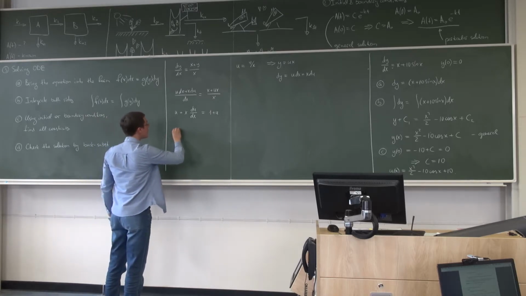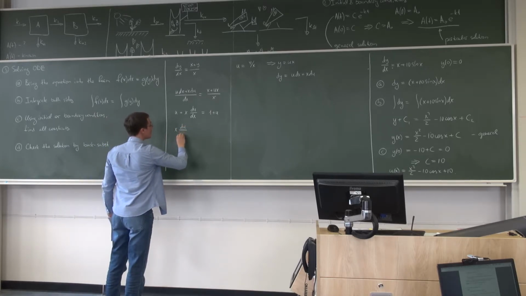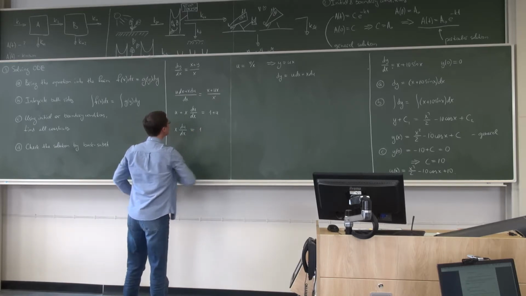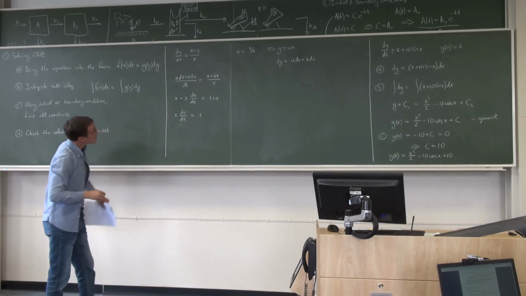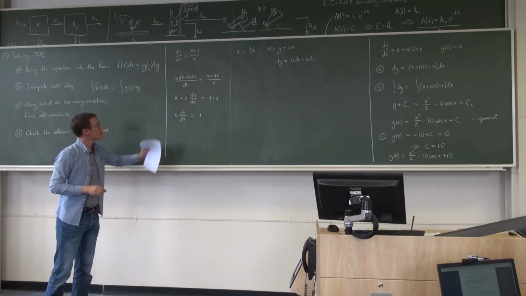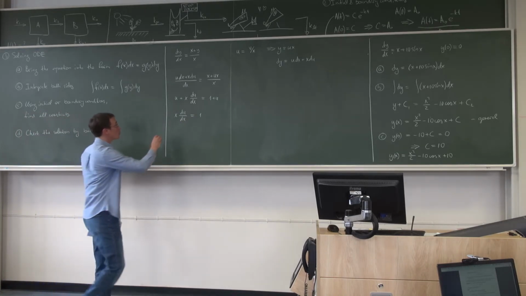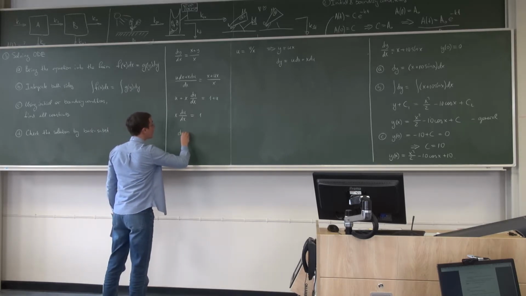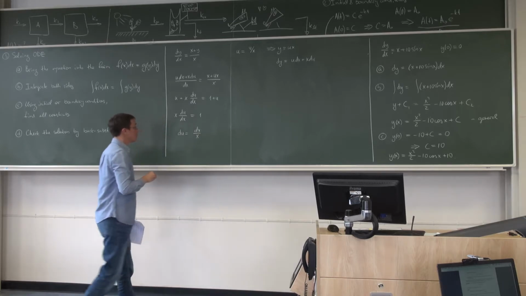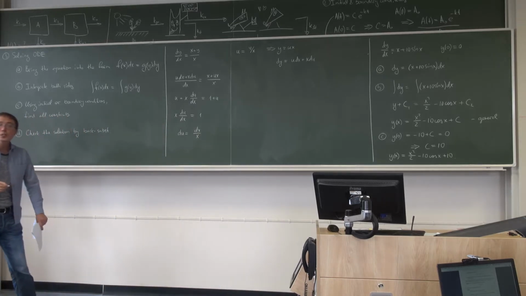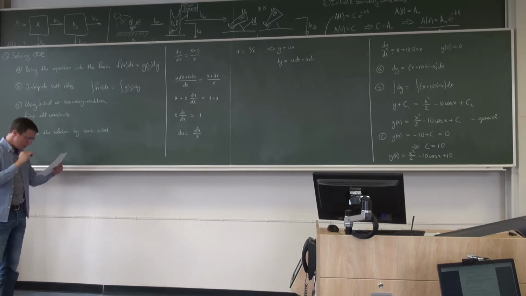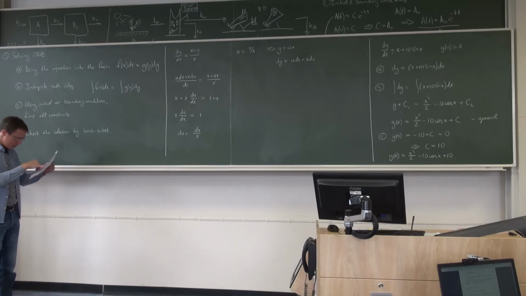So we have x du by dx equals 1. But that is actually separable. If we multiply both sides by dx and divide them by x, what we will get is du equals dx over x. And that's nice, because all the u's are on one side and all the x's are on the other. Let me see if I got everything right in my handout.